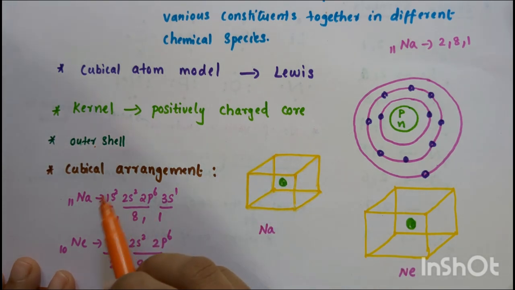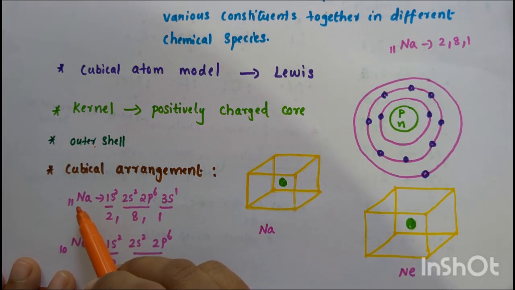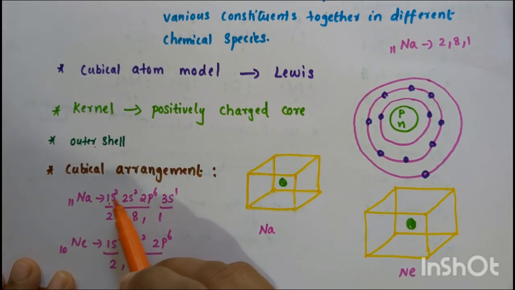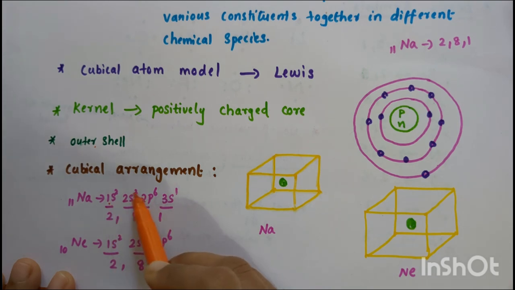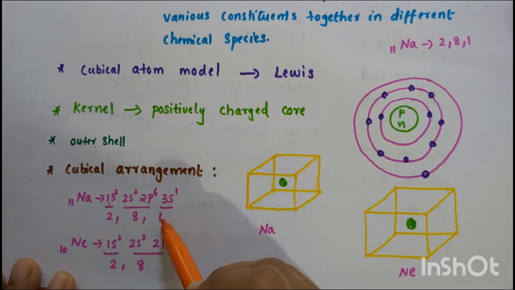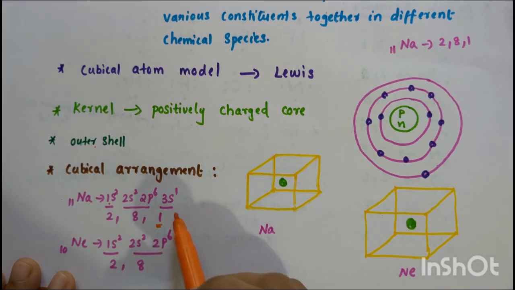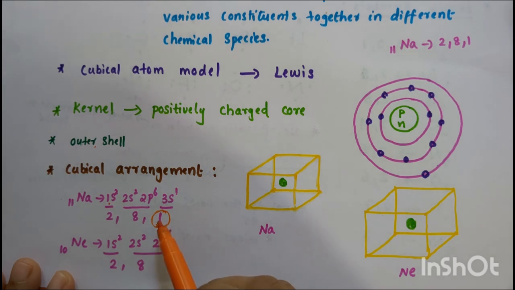For sodium, atomic number 11, the electronic configuration is 1s2, 2s2, 2p6, 3s1, that is 2, 8, 1. So only 1 electron is there in the outer shell of sodium.